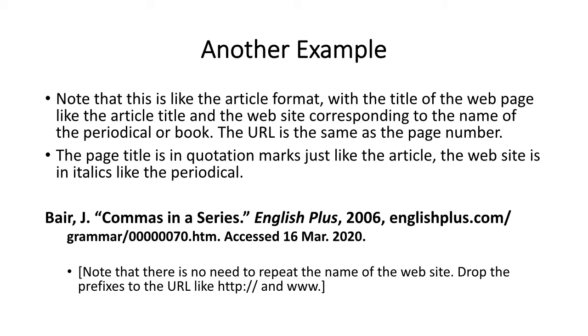And that's not really necessary. That's just being repetitive for no particular reason. If you include the URL, that's different, of course. So that is basically what you would do for websites and material that you got from the internet.